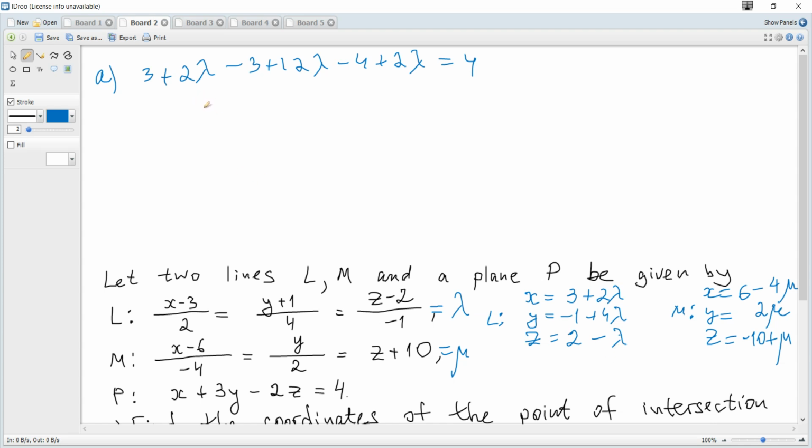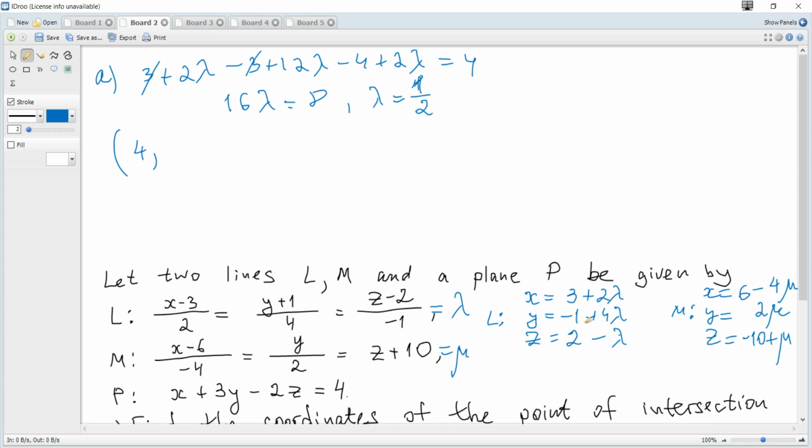Okay, and you can see 3 cancels, and it becomes what? 16 lambda is 8, so lambda is a half, hence the point becomes 3 plus 2 times a half, so x is 4.